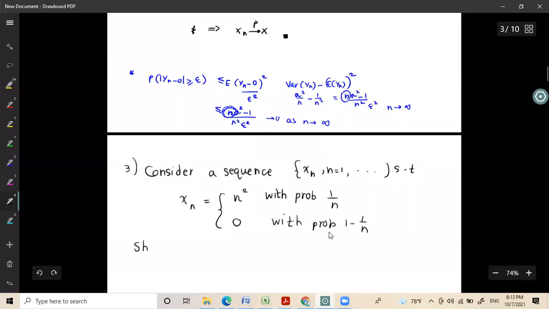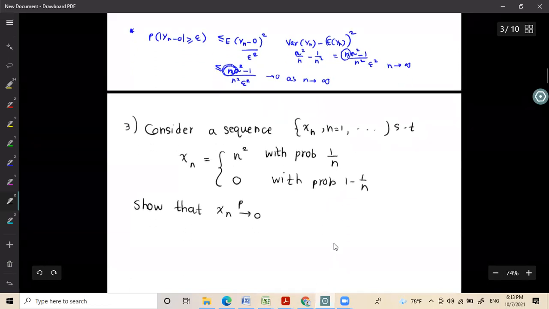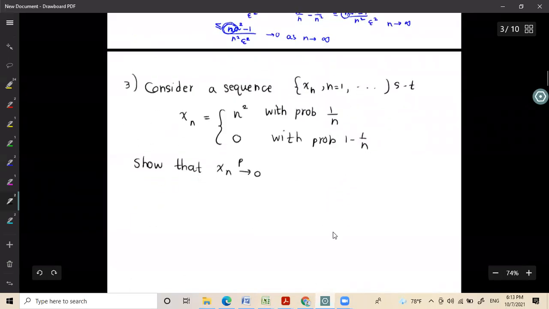We have to show that xn goes to 0 in probability. So we start with our familiar expression. You have to show that for epsilon greater than 0, what do we have to show?